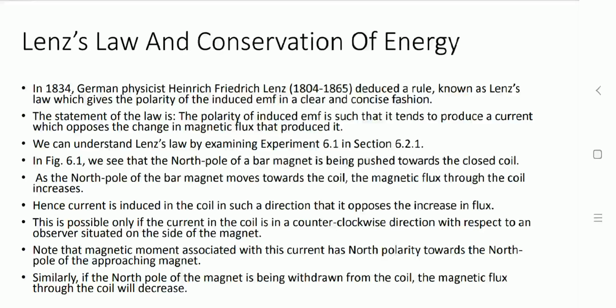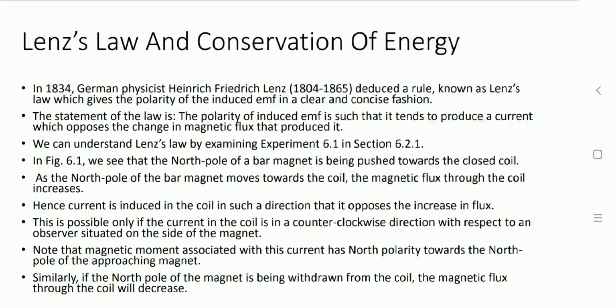To get that opposition, the current is in the counterclockwise direction. Now, if we are pulling the bar away from the coil C1, the deflection is in the opposite direction. To get this opposition, the current is in the clockwise direction.